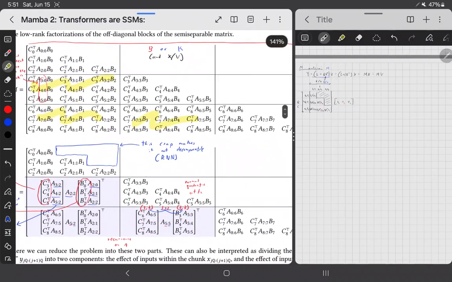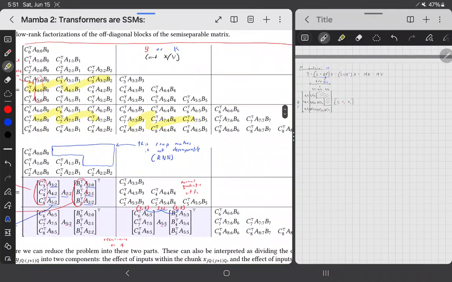Now, instead of computing the whole thing in parallel mode, we're going to use recurrent mode to compute these low rank blocks here. So we have this parallel mode for the diagonal, and then the off diagonal are going to be computed in recurrent mode. It's low rank for a reason, and we're going to see why it's low rank.